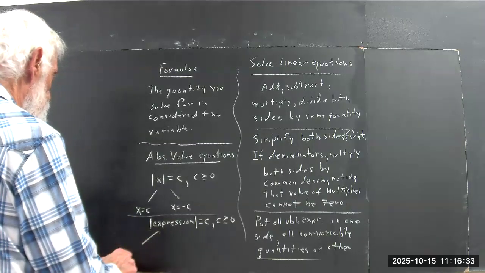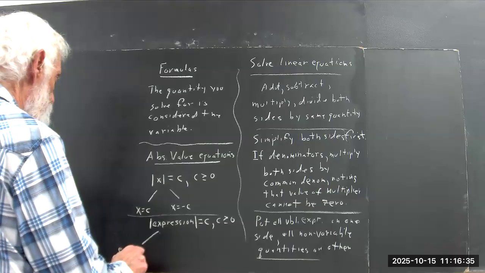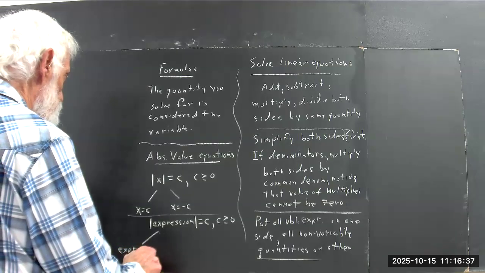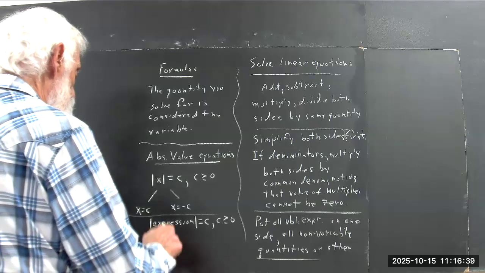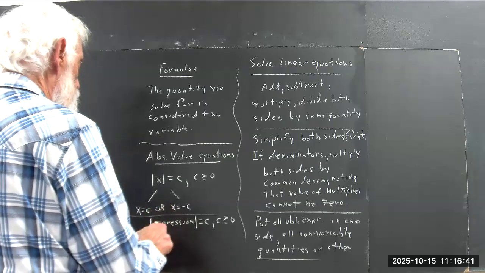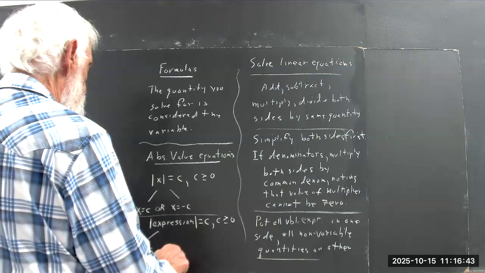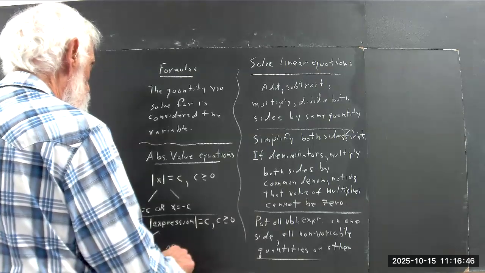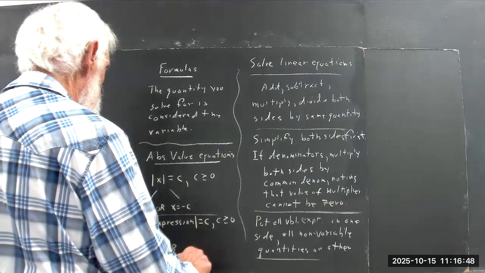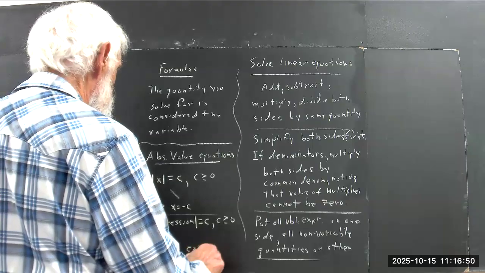That breaks into the expression equals c or the expression equals negative c. And I like to put that word "or" in there because it could be one or the other, could be your solution. Maybe both are solutions.